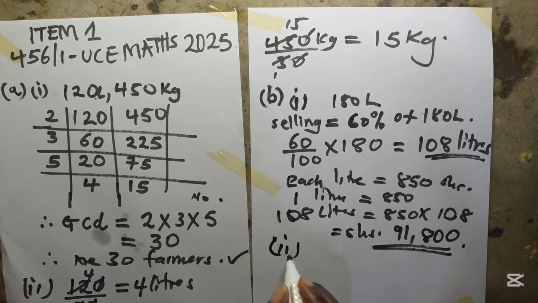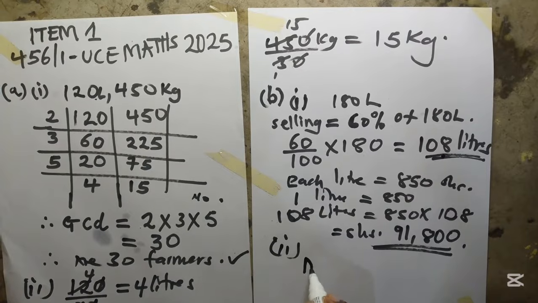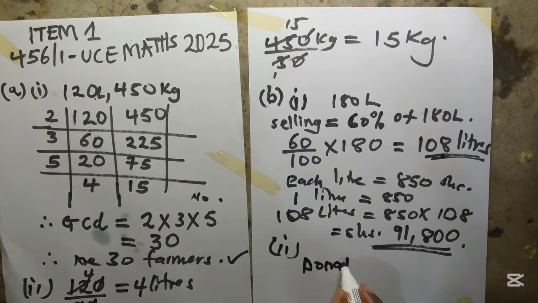We go to the last part, which was to help Joseph to determine the amount of milk he should use to make butter. When you go back to the scenario, they said he sold this and then donates 1/5 of the remaining milk to the orphanage. So how many liters did he donate to the orphanage?